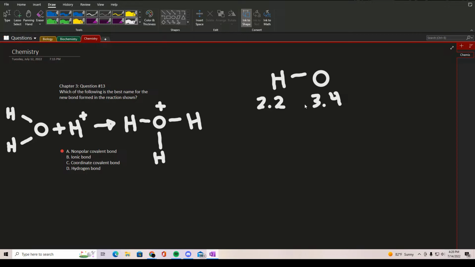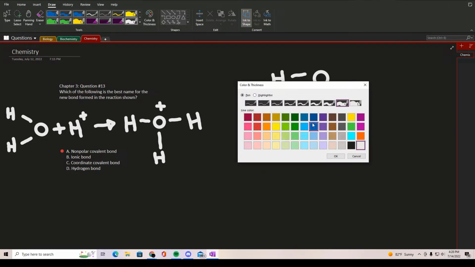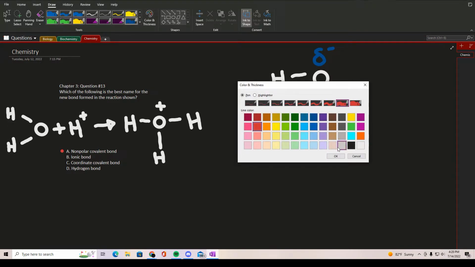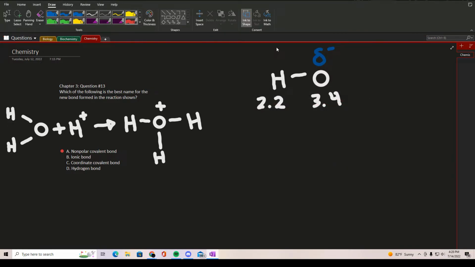And usually whenever there's an electronegativity difference that's higher than 0.5, we're going to classify that bond as polar. And so that means this oxygen atom is going to bear a partial negative charge. Meanwhile, this hydrogen atom is going to bear a partial positive charge. So A is not true because this is a polar covalent bond.